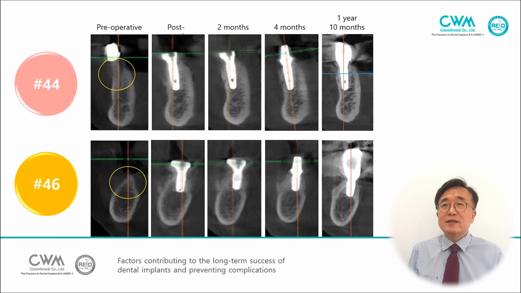And at 1 year, 10 months, there is a new thick buccal plate, and there was no bone loss. It's the same in the 46 site implant. There was no buccal and lingual bone graft, and the dermal graft made intact cortical bone, and there was no bone loss.